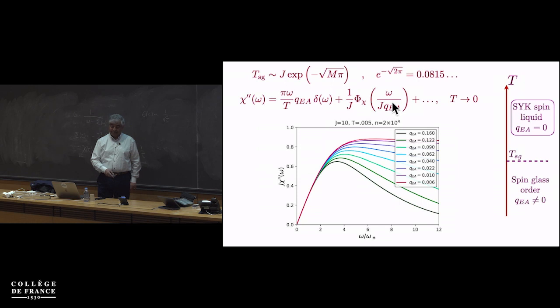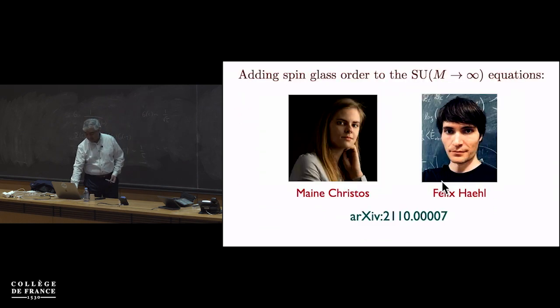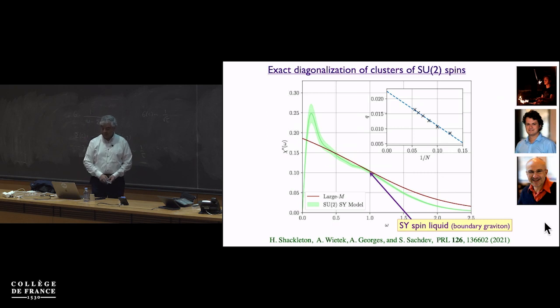Here it's essentially the same function, omega over this Edwards-Anderson order parameter. And these are the functions from numerical solutions. So this function here is presumed to describe this behavior. If you subtract out the delta function, there's a regular part left over, and that's what that function is describing.